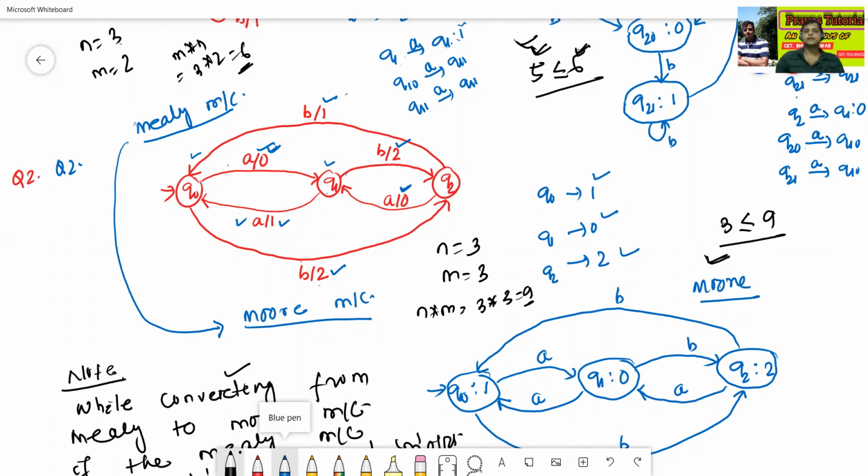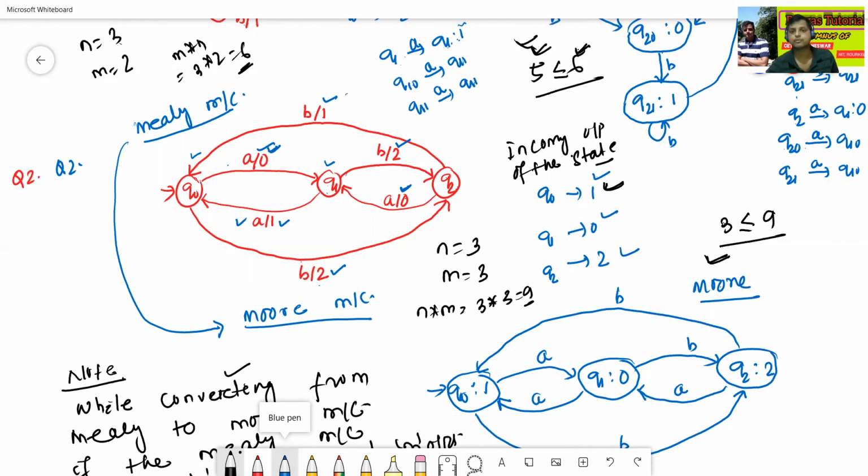Okay. So one thing is there: when the incoming output of the state is always unique, when the incoming output of the state is always only 1.